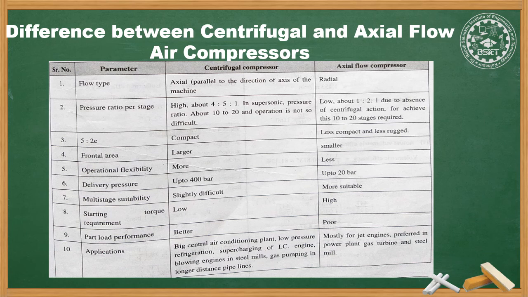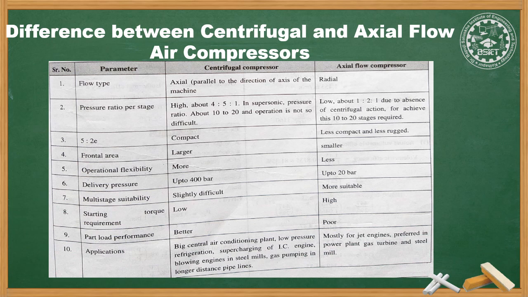First is considering the flow type. In centrifugal compressor, the flow is radial, whereas in axial flow it is axial, parallel to the direction of axis of the machine.